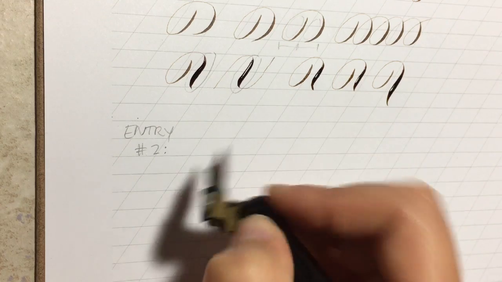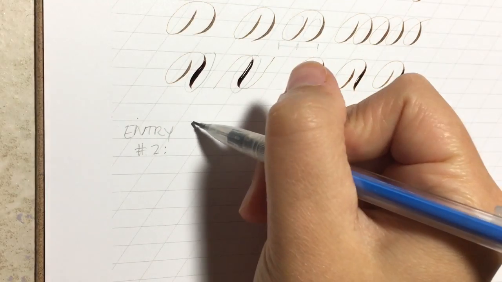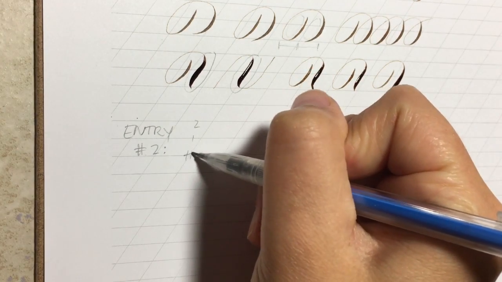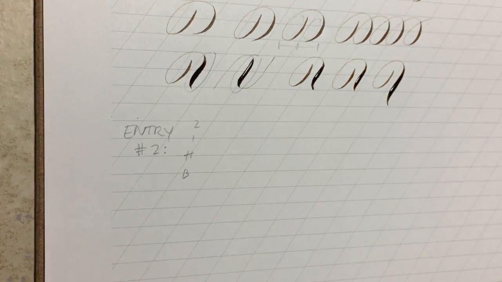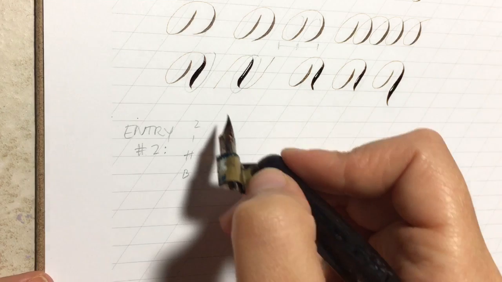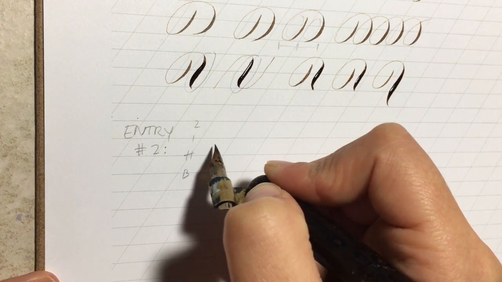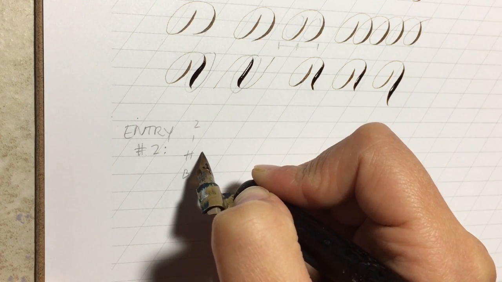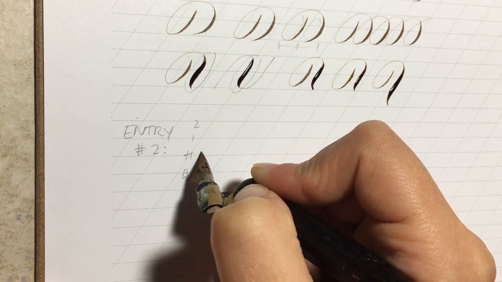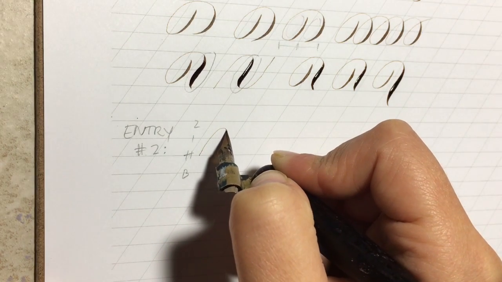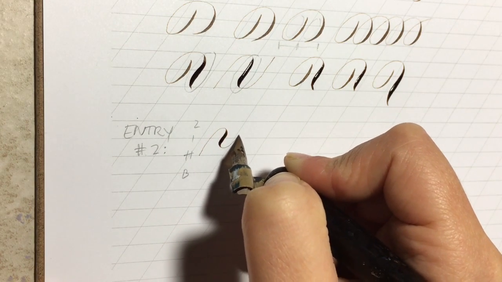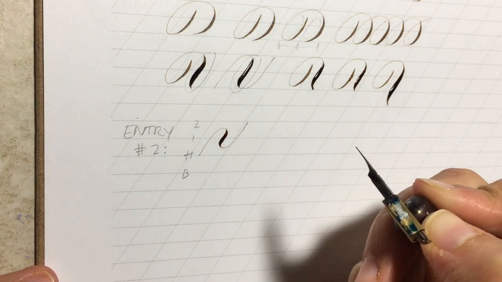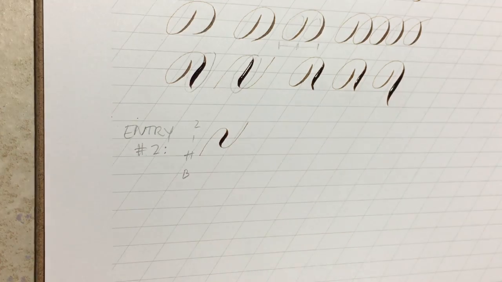So this is also between the second ascender, the first, sorry, the header line and the second ascender. So for this one I like to start around the header line and then come up and make this compound curve shape up to the second ascender.